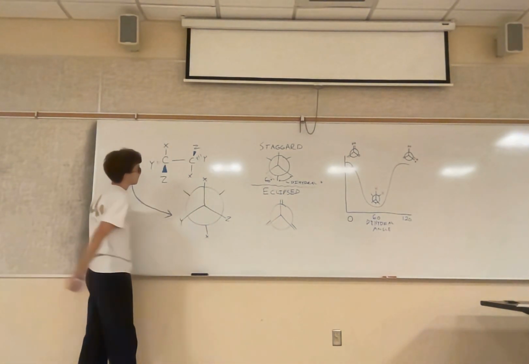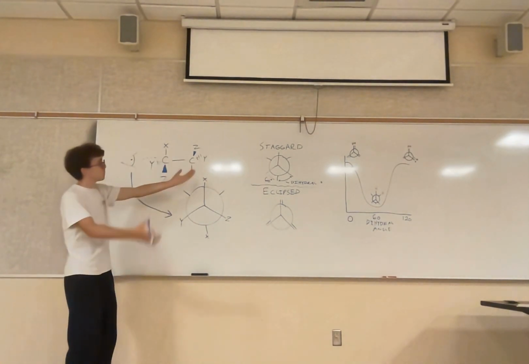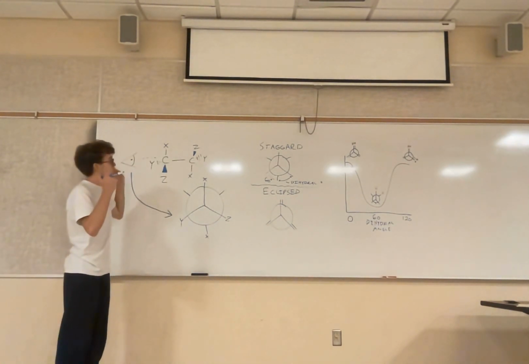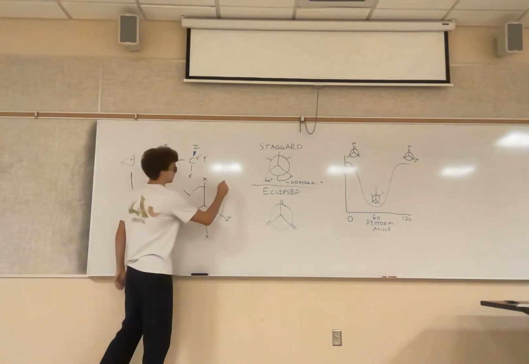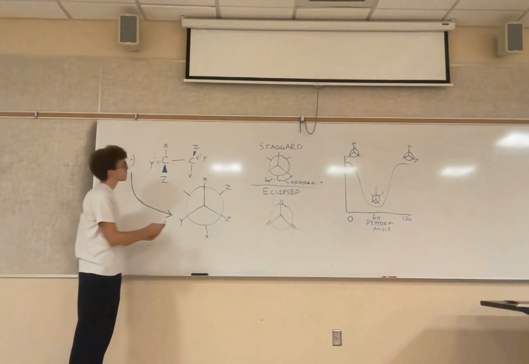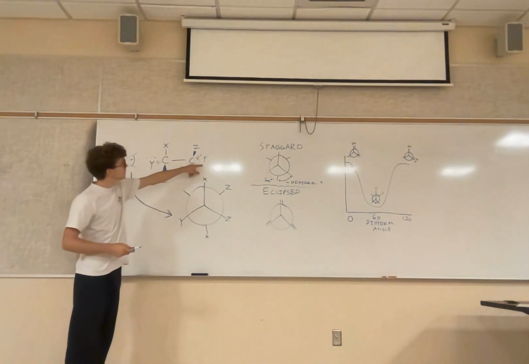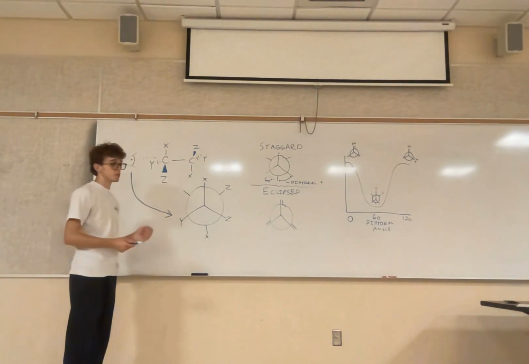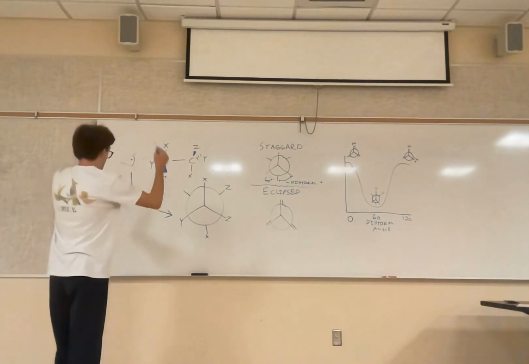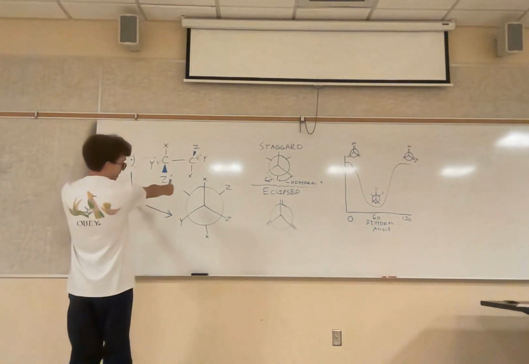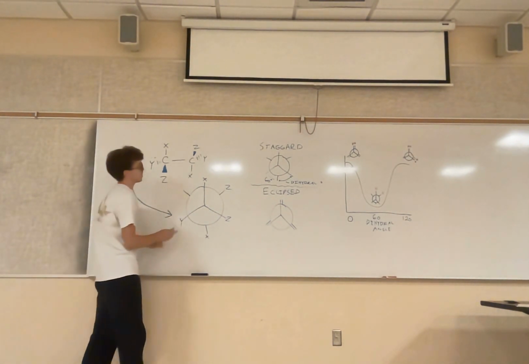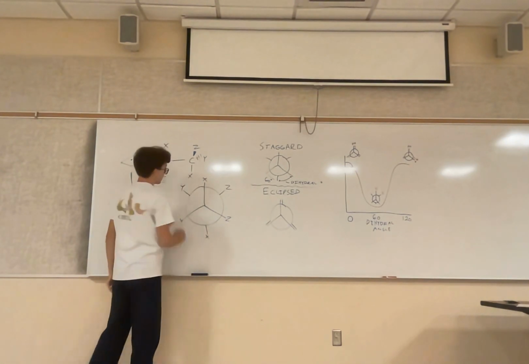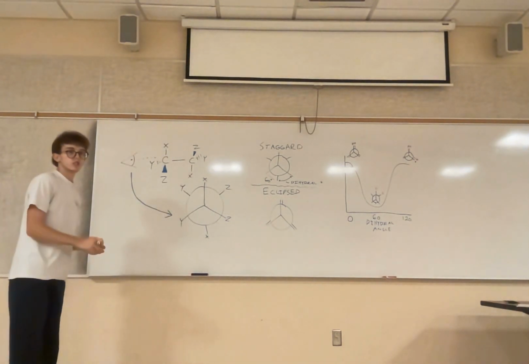But which one is which? Well, we know that Z is coming towards the page, so from the viewer, it's coming to the right. So element Z goes there. Element Y, that's a dash. That means it's going away from the page. So if we're looking this way, it's going that way. But from the viewer, it's going to the left. So we just draw it to the left. So that's a Newman projection.